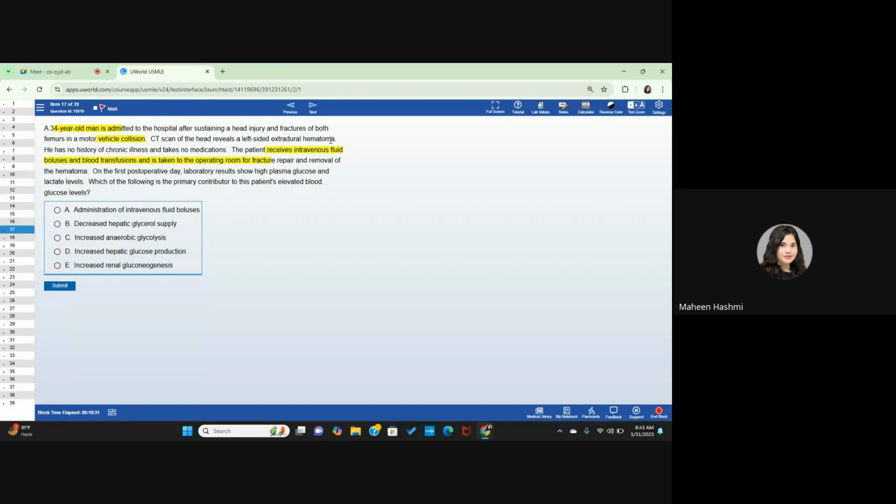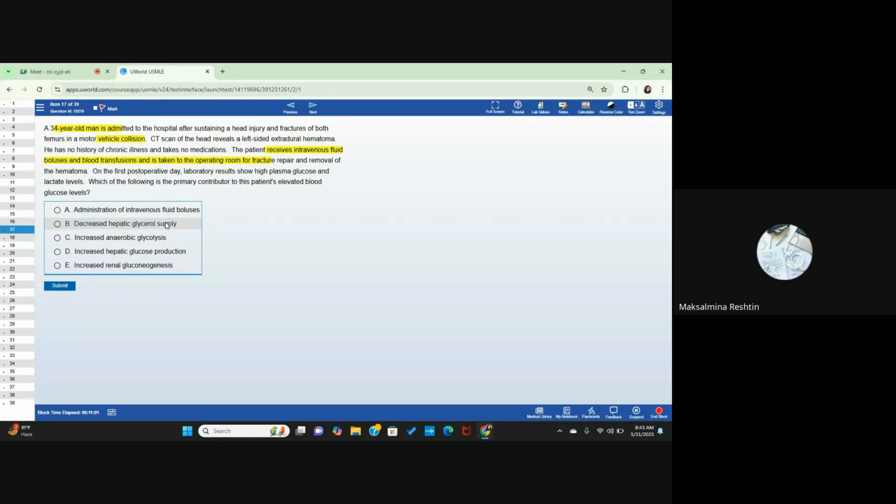Okay, what's happening? We talked about this. The patient is in stress. Stress, cortisol, anabolic hormones. Is it adrenal crisis? D, increased hepatic glucose production.